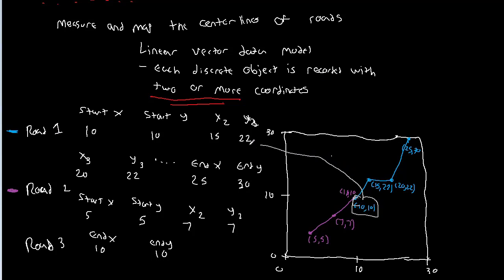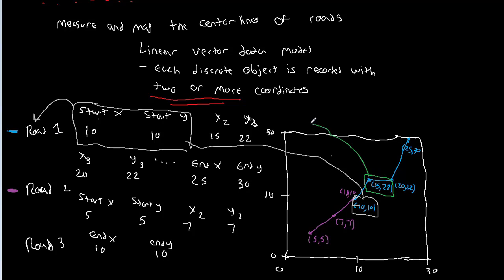So this point right here in blue represents the first coordinate. So that's this pair here, representing part of the first road. But then we also have this coordinate here, being represented by this coordinate pair here, but still representing the same real-world discrete object.